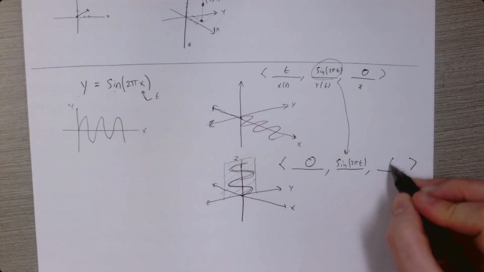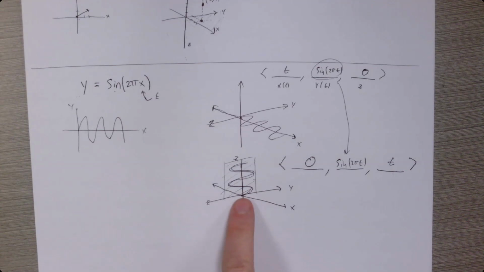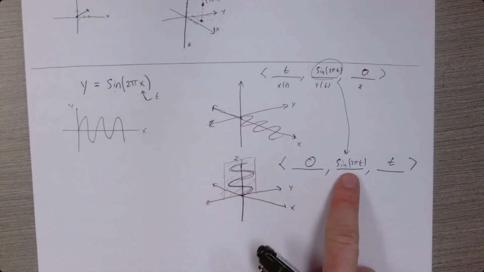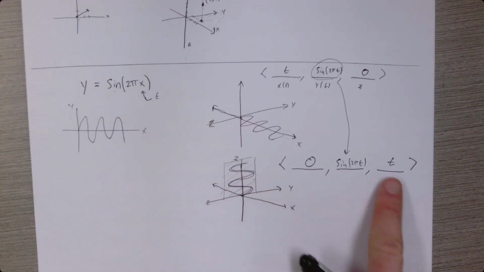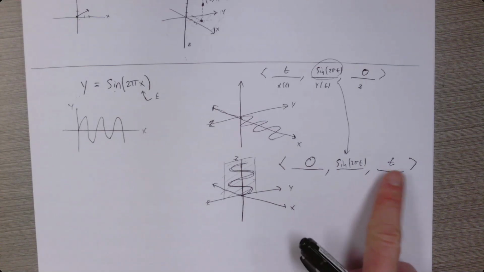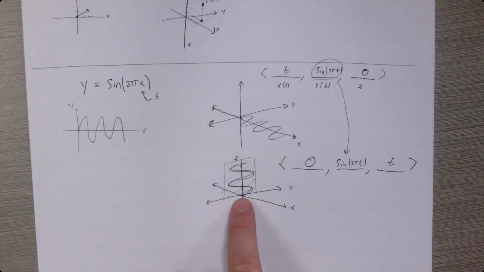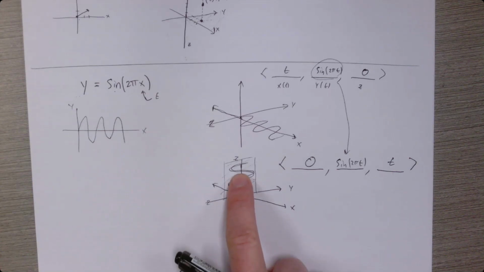And then the z component is sort of the independent variable. It's the thing whose change is going to cause the oscillation. So you can imagine as time increases, our z-coordinate is increasing at a constant rate, and the y-coordinate is the thing that's oscillating.